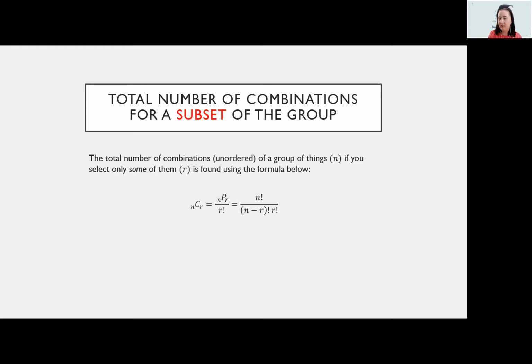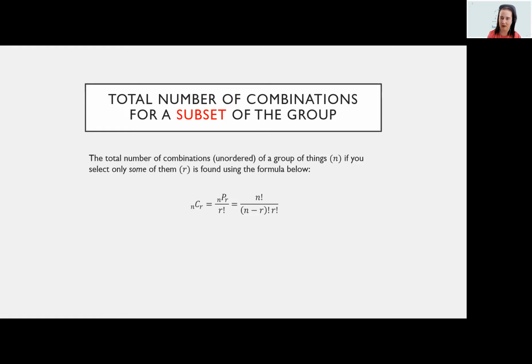And it's basically the number of permutations divided by the factorial of r. So that's how you're getting a smaller amount: we're dividing out the number of ways that we can order the ones we pick. The permutation formula is n factorial over n minus r factorial, but with a combination you're also dividing it by r factorial.